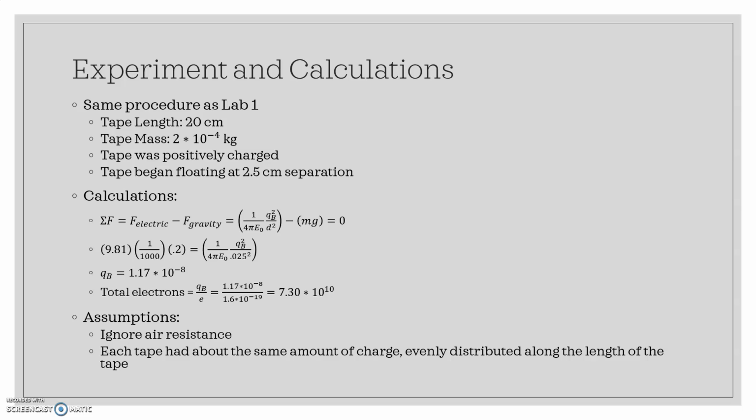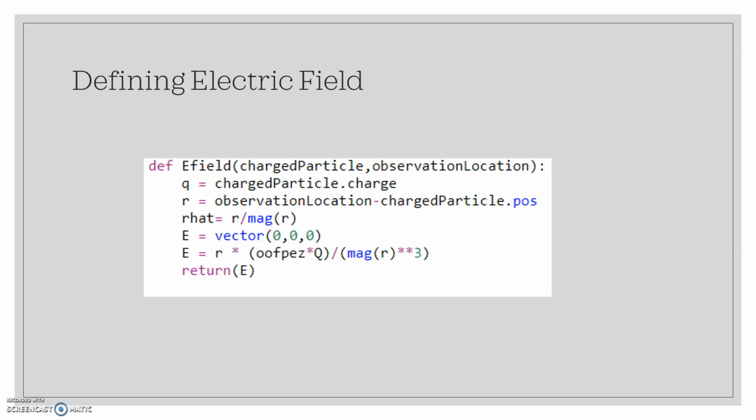Some assumptions that we made here were to ignore air resistance in the sum of forces equation, and to assume that each piece of tape has the same amount of charge that is evenly distributed along the length of tape. Now, this is pretty much the start of the code. We used this in Lab 0 and Lab 1. This is just something to find the electric field of a point charge.